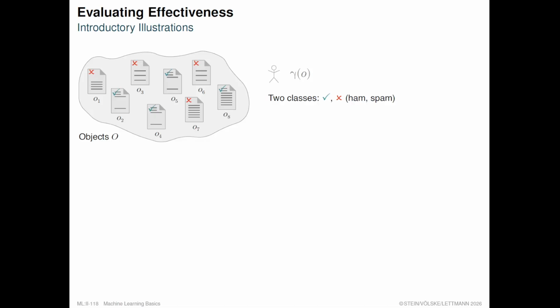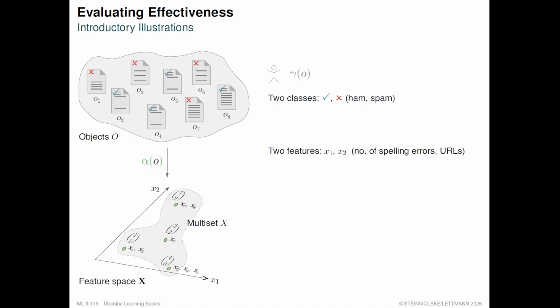So quick recap of this example. We basically have a space of objects, and we have our gamma function, which gives us our classes, in this case just two classes, spam classification, for example, for emails. And we basically have human labels, but now we want to build an ML application out of this.